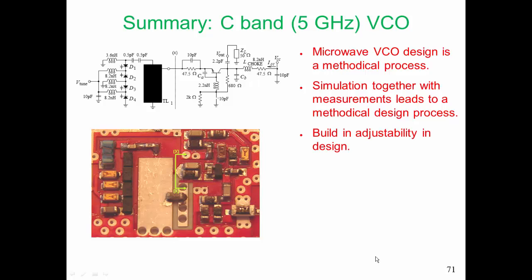It is critical that we build in adjustability in design. When we're doing hybrid design, such as we're doing here, we can build in our adjustability by being able to change lumped elements, or a good example is this shorting bar that we can move up and down to vary the length of the transmission line.